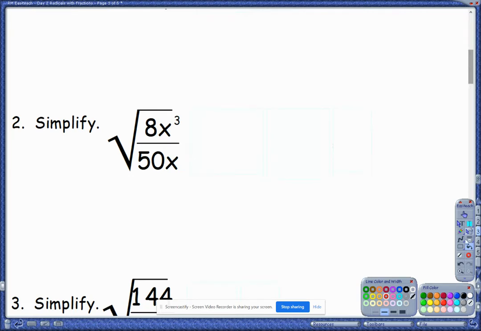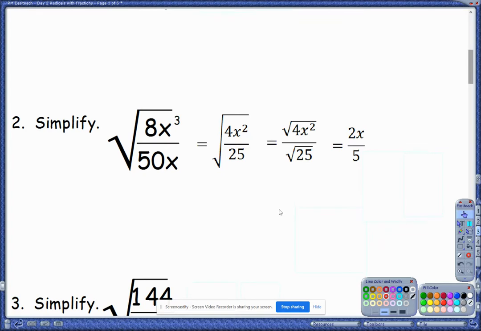So 8 over 50 is going to become 4 over 25, and the x cubed in the numerator will cancel with one of the x's in the denominator to give you just x squared. Now 4 is a perfect square, x squared is a perfect square, and 25 is also a perfect square. So once we separate the radical to the numerator and the denominator, we get 2x over 5.